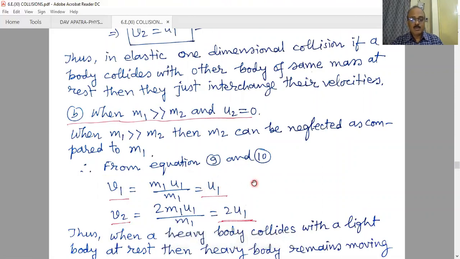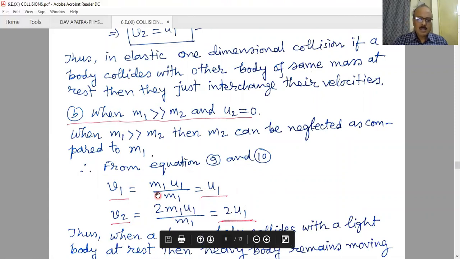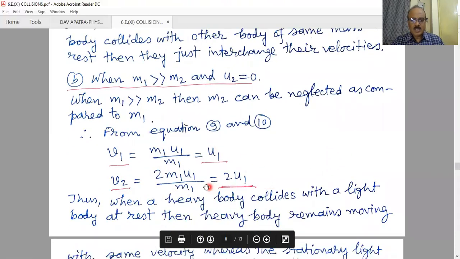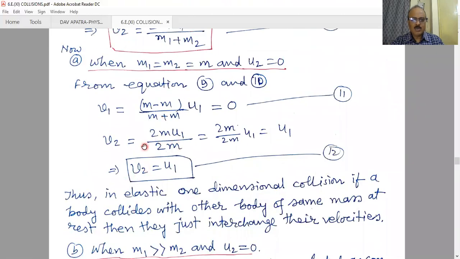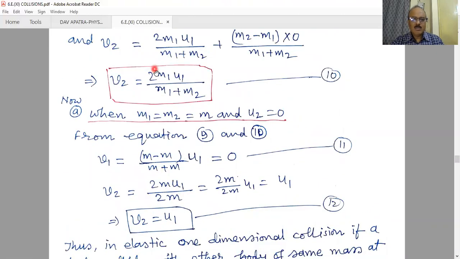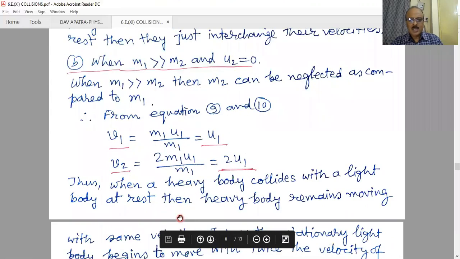But what will happen to the second object, which is very light compared to the projectile object and is at rest, the target object? Initially it was at rest, but if we put the value in v2, it is 2m1 divided by m1, and m2 is neglected because m2 is very small. In such a case, v2 will be 2u1.